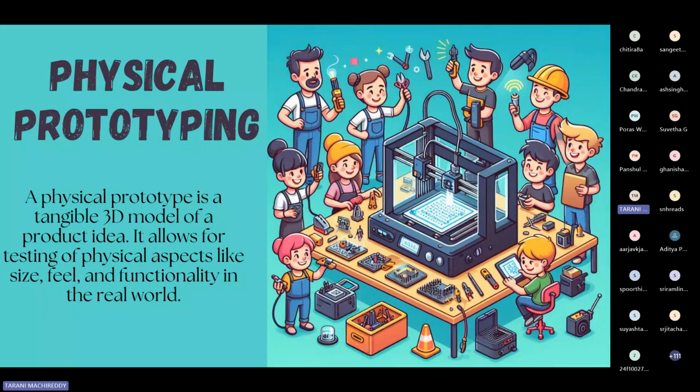We can go to Fusion and design a thing we want. Let's say you want to design a water bottle. You design a water bottle in Fusion and give it to a 3D printer, so you can get a physical prototype of that bottle. We'll learn more about this physical prototype next.